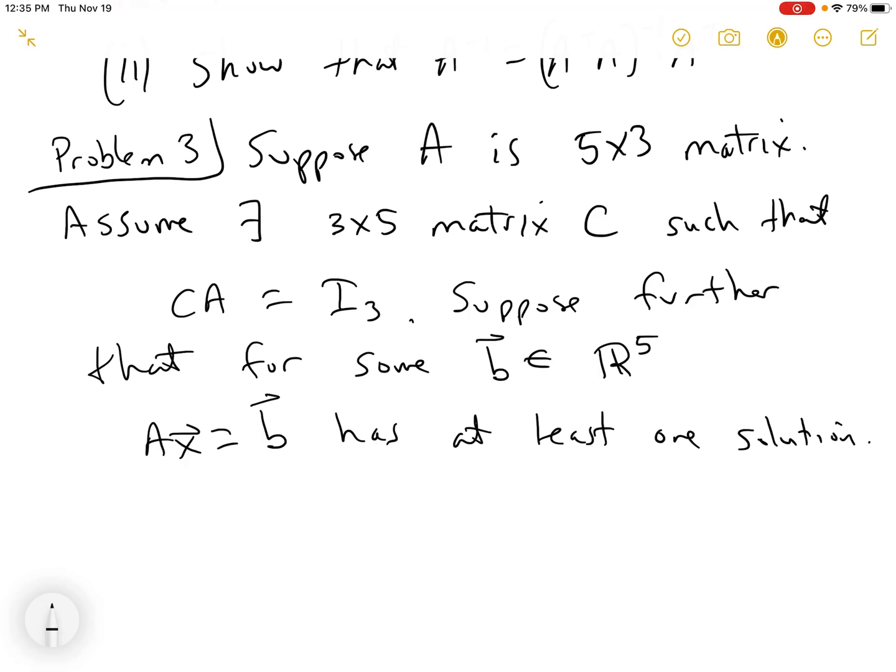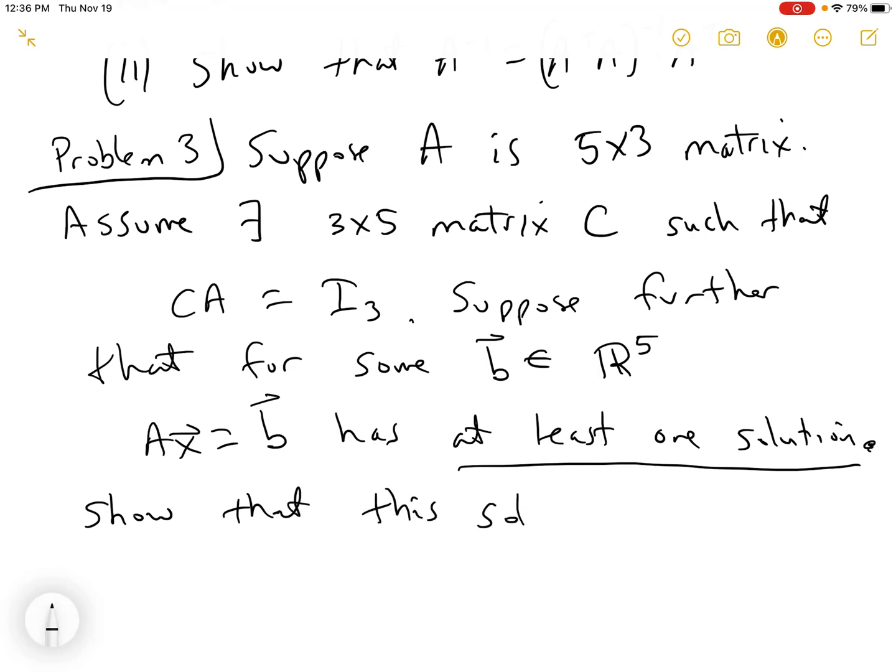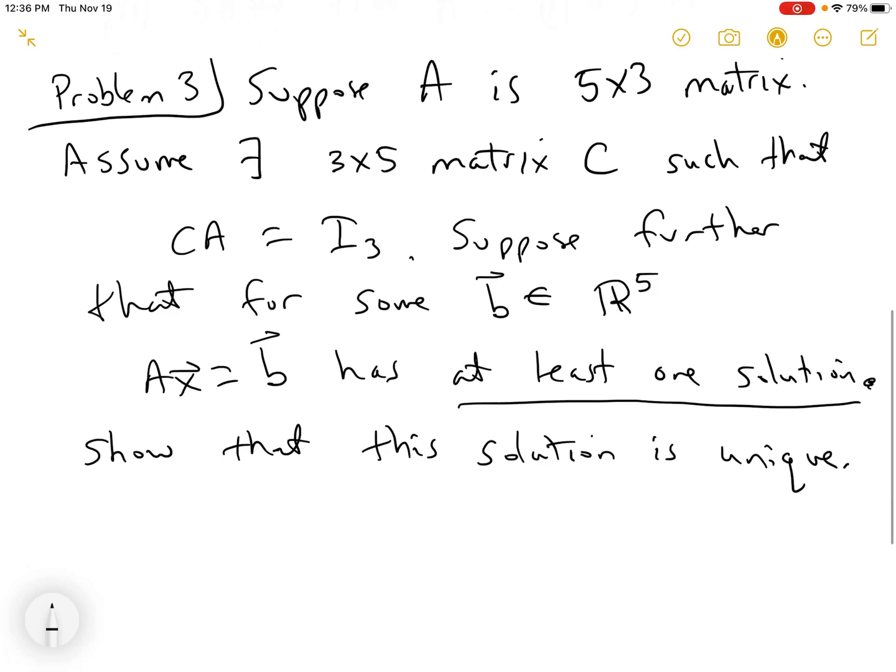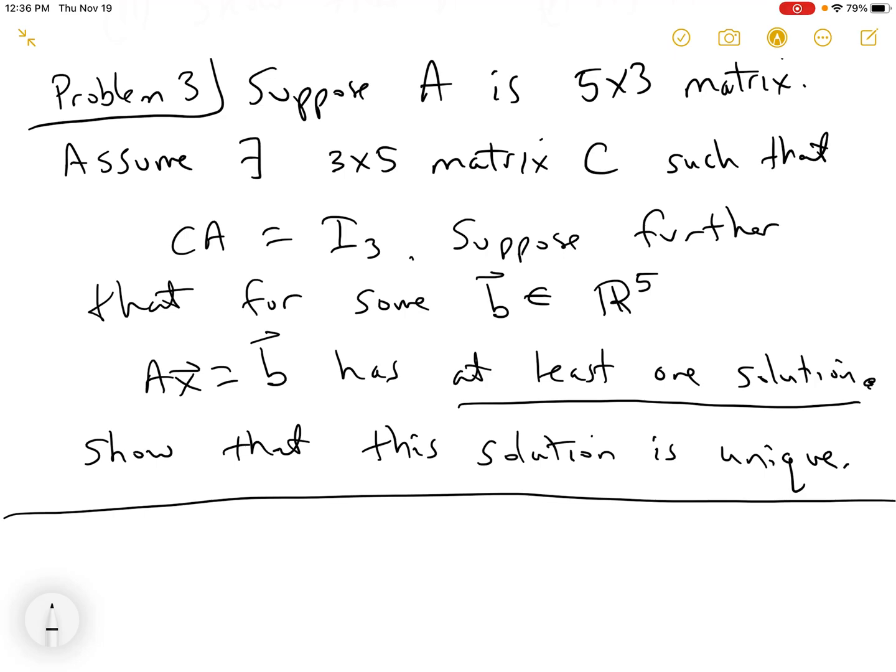First we assume A is 5 by 3, then we assume there exists a 3 by 5 C such that the product is the identity, and then suppose further that there's some b out there such that Ax equals b has at least one solution. Right? You want to show that this solution is unique.